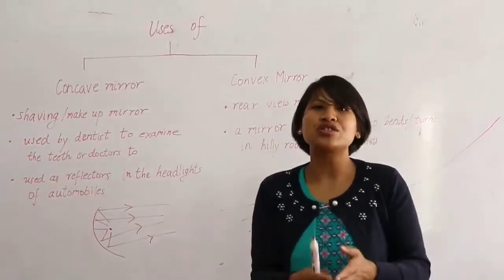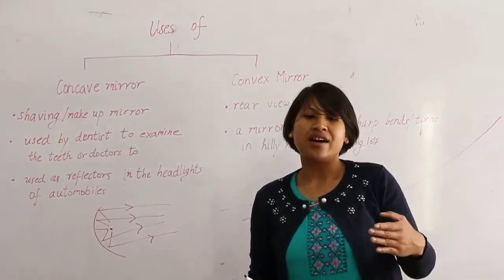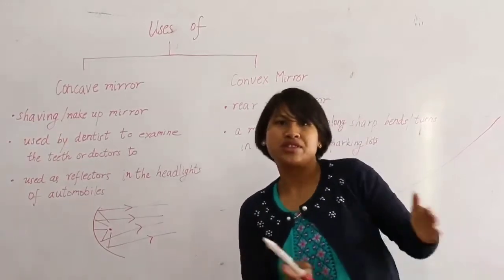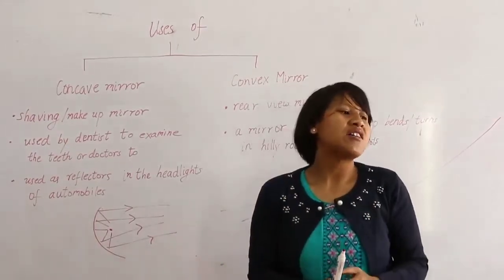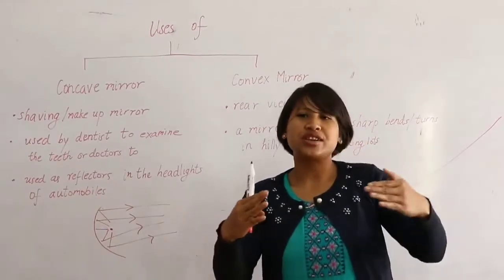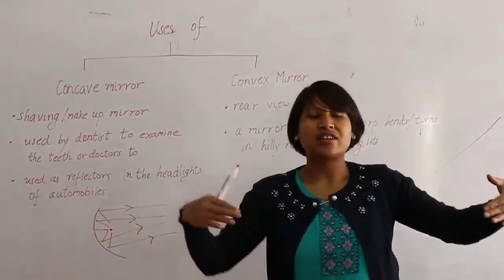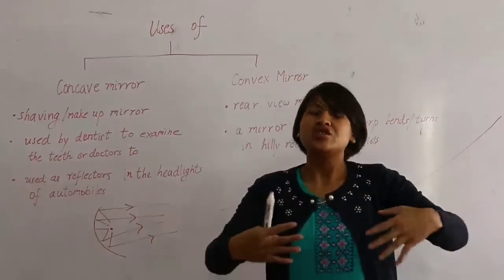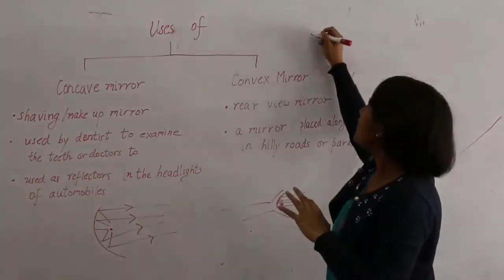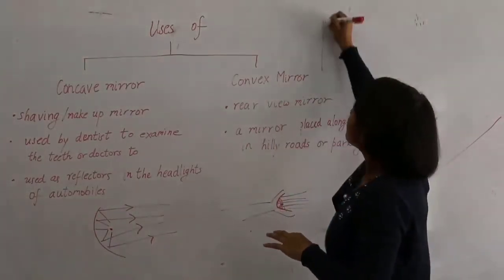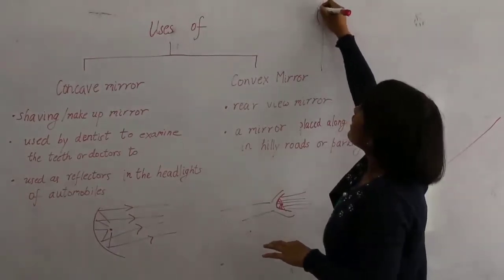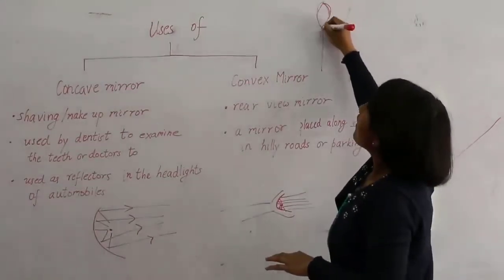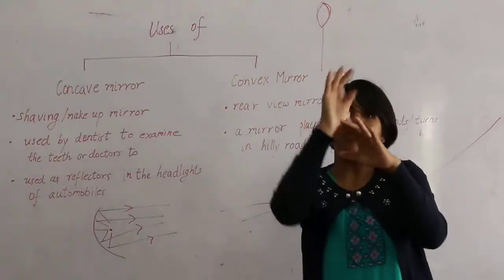They are also placed along roads where there are sharp turns, or where there are connecting roads. You will see a mirror like this, red in color and very bulging.